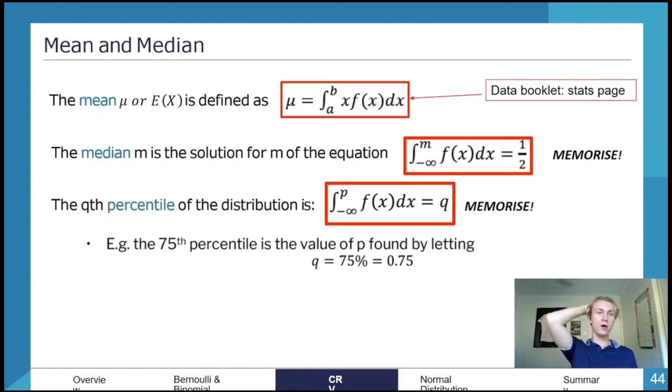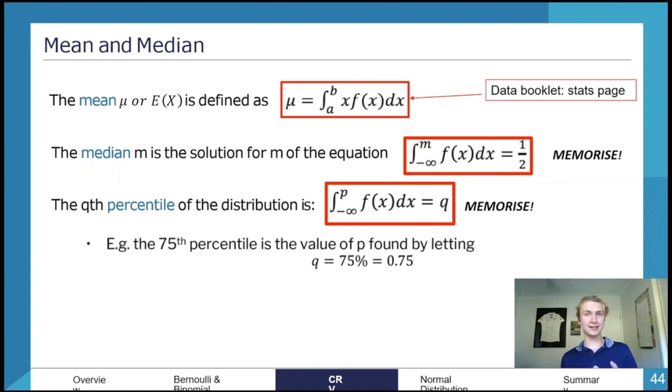Okay, now we're looking for the mean and median of a continuous random variable. As I said before, the mean is the integral between the lower and upper bounds of x times f of x, and then variance is the same, except instead of x there, we have x minus mu, the mean, squared times the probability density function.